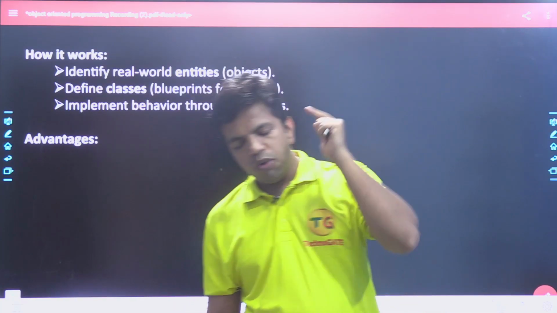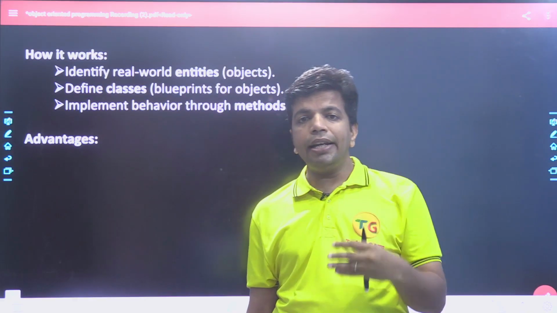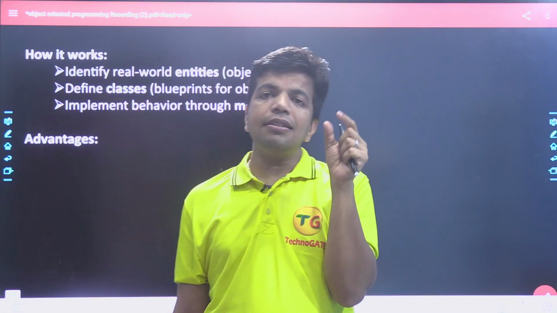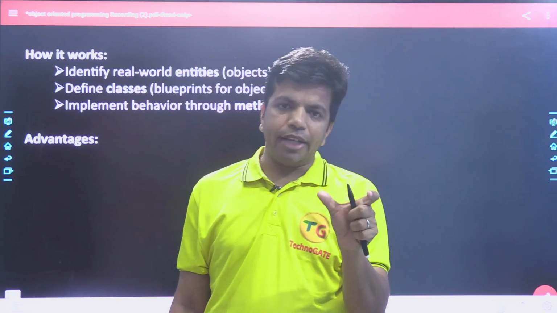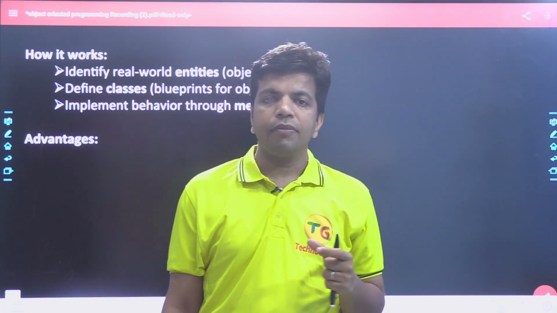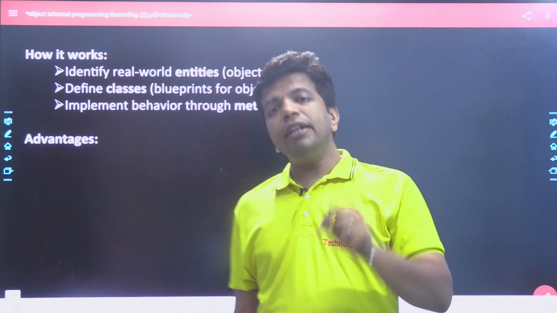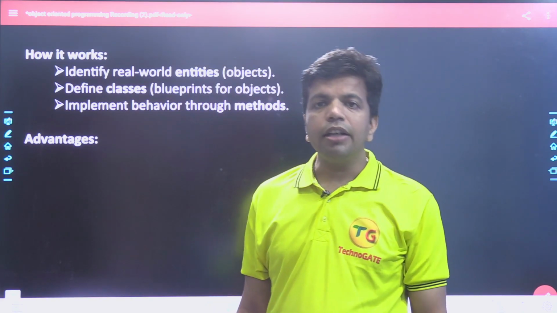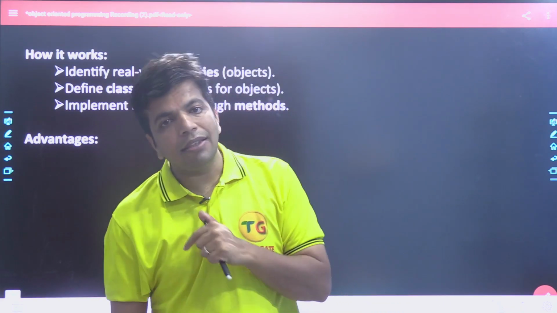First of all, you need to identify what the real world entities, meaning objects, are. Then you need to define a class, meaning the group of objects. So for that you need to make a class, and then you need to implement the behavior of that particular object through methods. We need to make methods inside that.